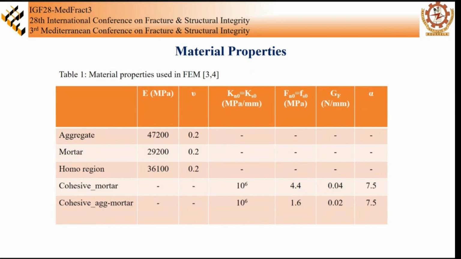The initial cohesive stiffness parameter for opening and sliding mode is kept 10 to the power 6 for cohesive elements in both mortar-mortar interface and aggregate-mortar interface. However, the fracture energy for the latter is half that of the former. The softening parameter alpha is again the same for both the cohesive interfaces.